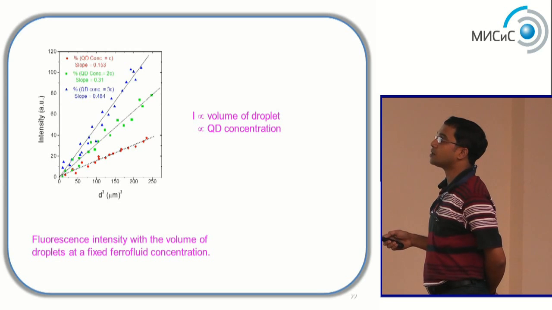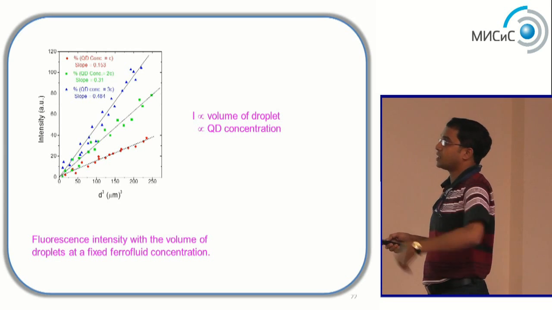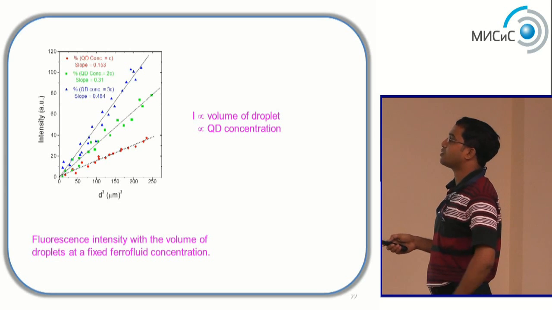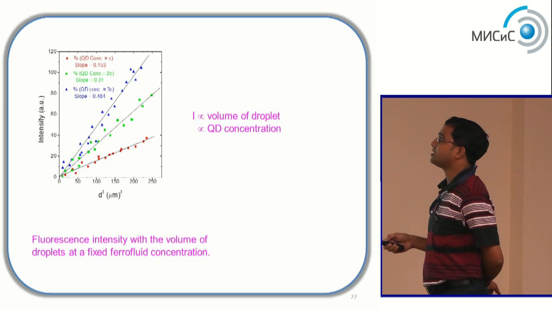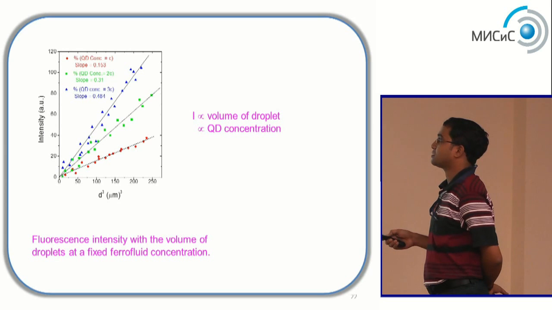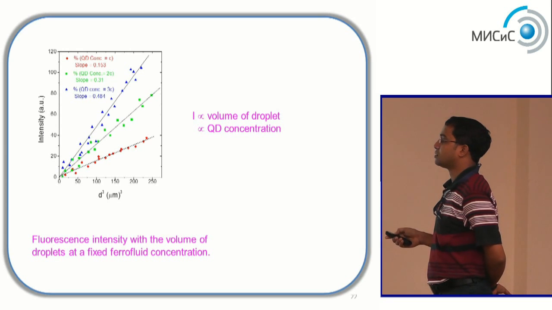If you double the concentration of quantum dots to 2C, then the slope also doubles. If you triple it, the slope also triples. So we can say that the intensity of fluorescence spectroscopy depends on the volume of the droplet and also the quantum dot concentration.